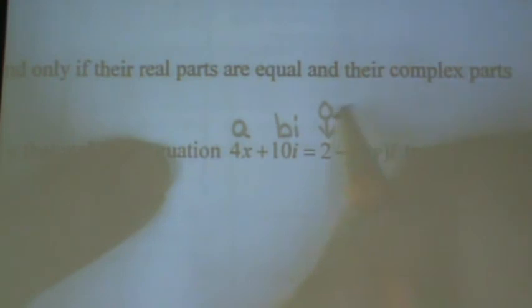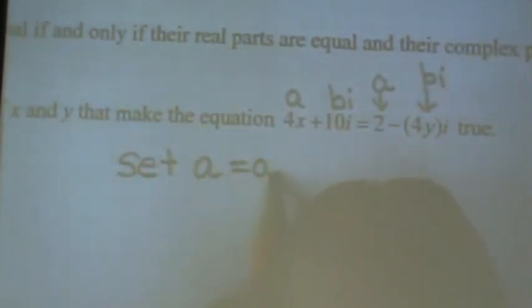Do you remember which is the real part and which is the imaginary part? That's the a part, and that's the bi. Now you look over here on this side. You've got 2 minus 4yi. The 2 is the real part, and that negative 4yi is the imaginary part.